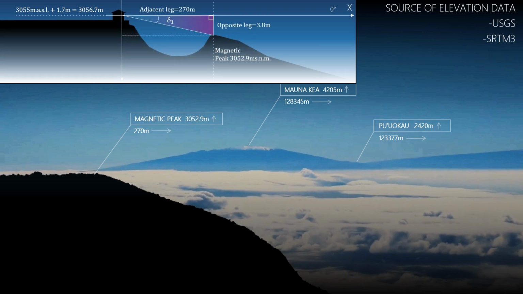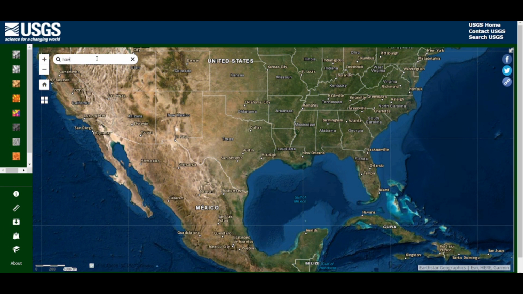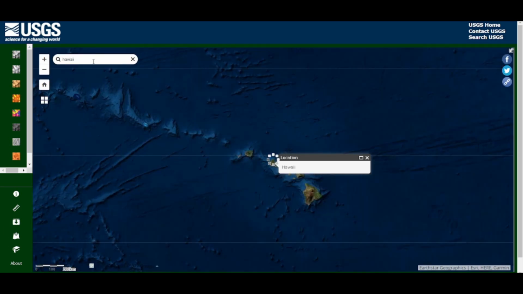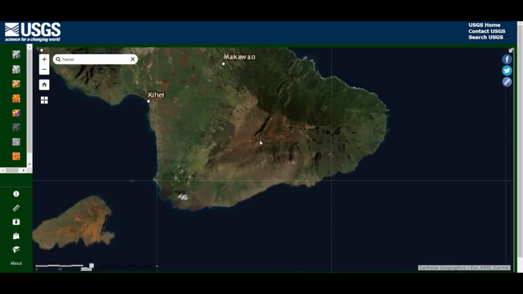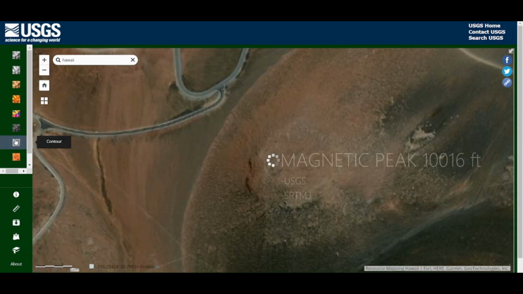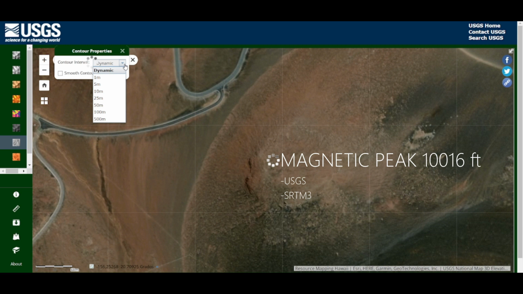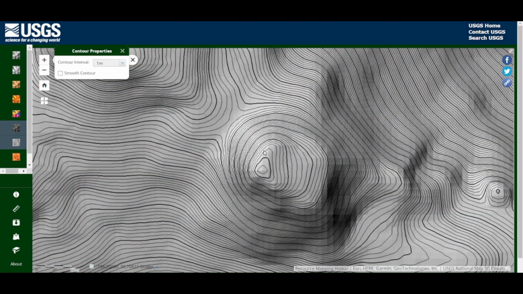I leave the equations here to calculate delta 1. Peak heights are public domain data provided by the United States USGS. And officially the Magnetic Peak is 10,016 feet, which is equivalent to 3,052.87 meters.